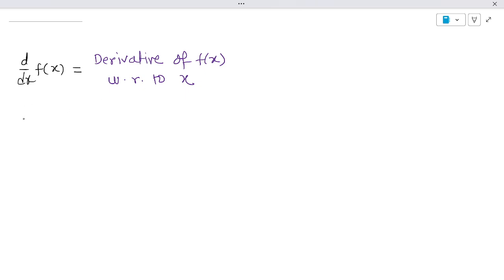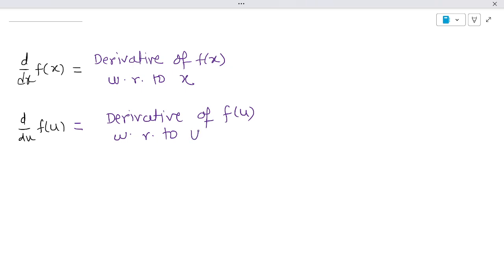So how will you read this? d by dx of d by du of f of u. Then it will be read as derivative of, now instead of f of x we have f of u and with respect to u.